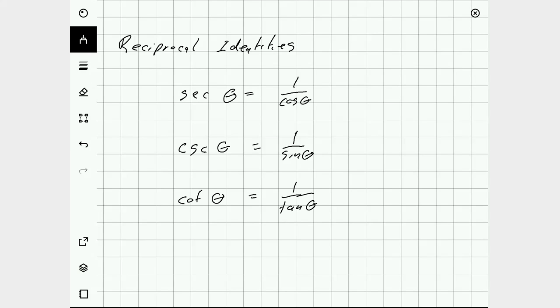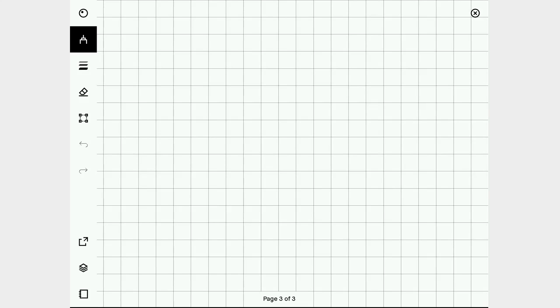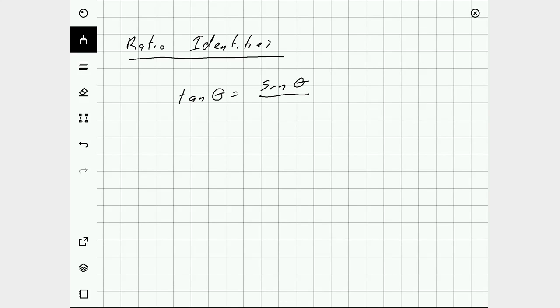You're also already familiar with the ratio identities, sometimes called the quotient identities. Tangent is sine divided by cosine. We can verify that that's true by remembering that the tangent of theta is the opposite side of the triangle divided by the adjacent side of the triangle.